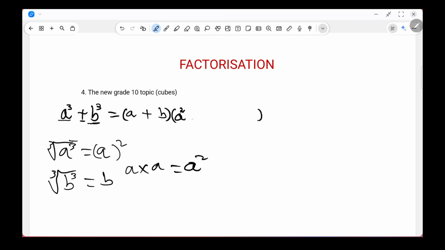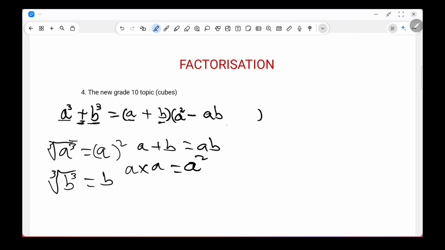And then the sign always must be opposite of the original equation. We keep the opposite sign of the original equation. And then we must multiply a by b, which equals ab. We will write ab.